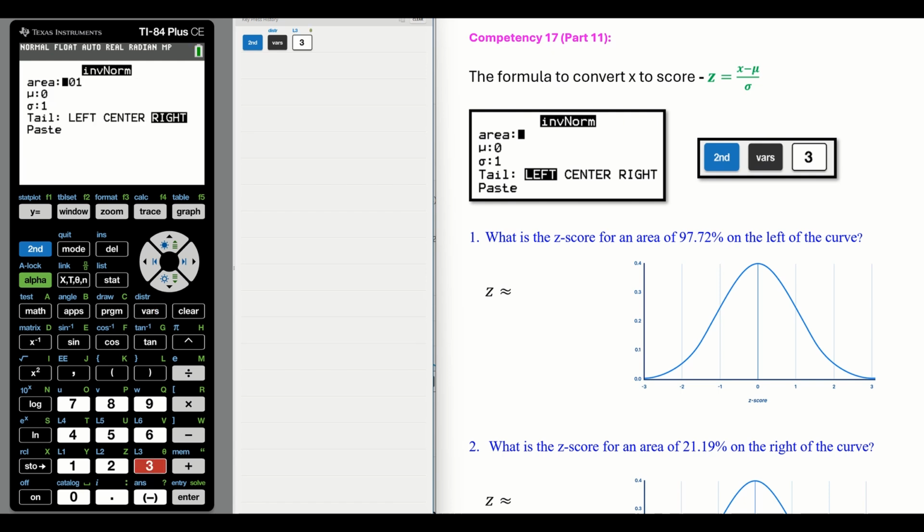Then we go to number 3. It looks like we've been working with a different area, but we need 0.9772. Enter that. Do not change the zero mean or the standard deviation of 1.